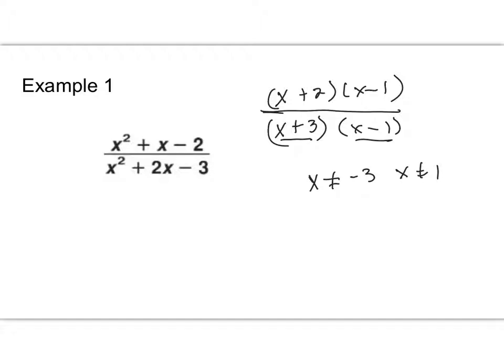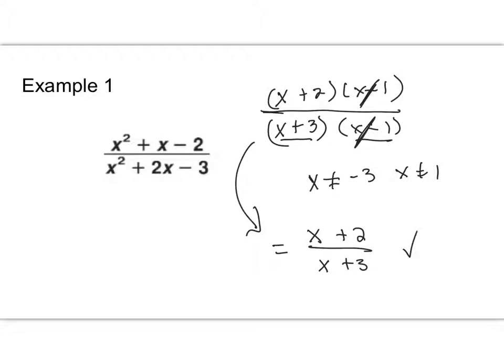Now, I can look at canceling out my factors. I have x minus 1 that's common to both the numerator and the denominator, and all I'm left with here is x plus 2 over x plus 3. Done.